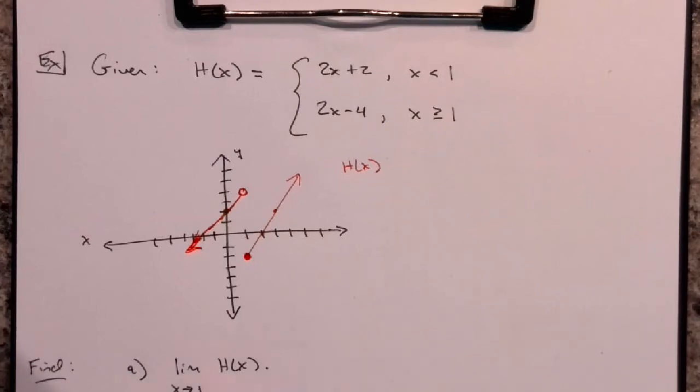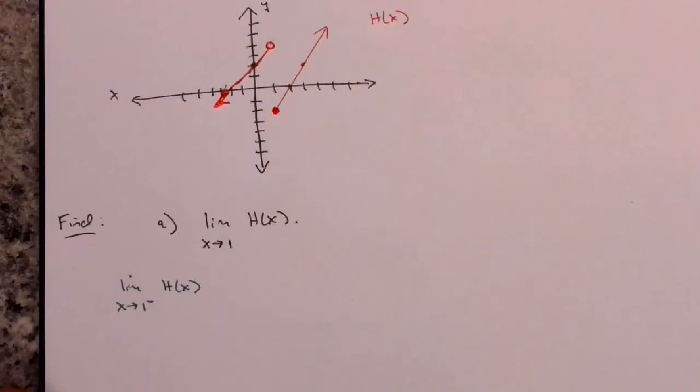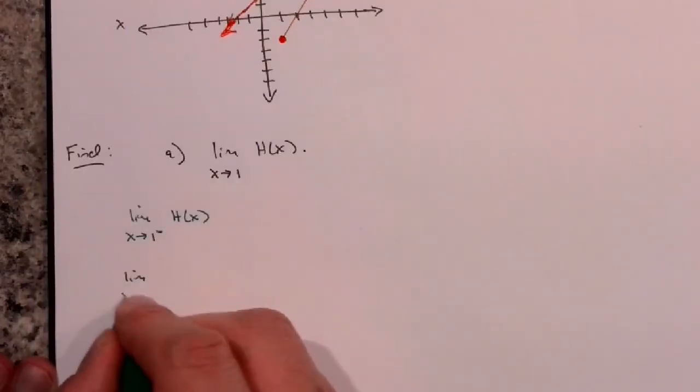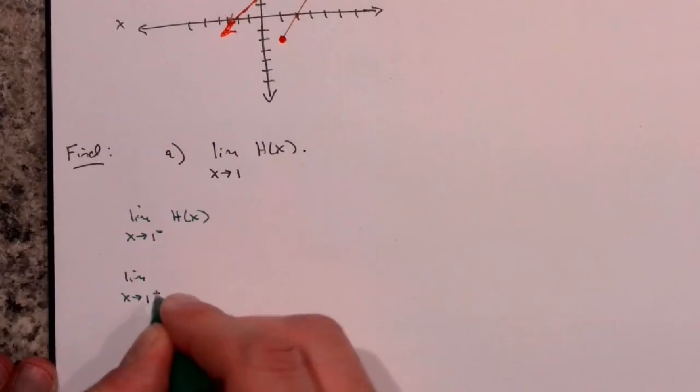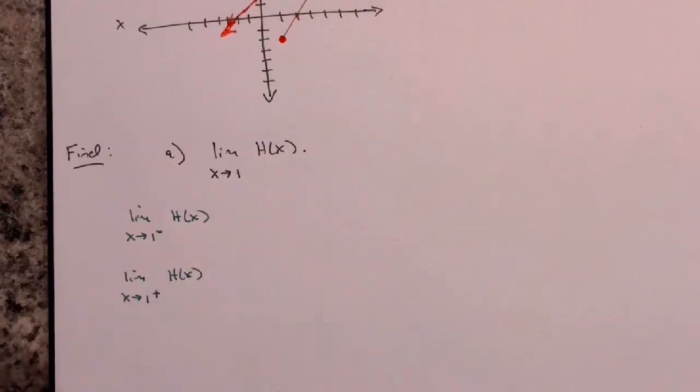I'm looking for the limit as x approaches 1 from the negative side of h of x, and you should be showing this, and I'm looking for the limit as x approaches 1 from the positive side of h of x. So from the left side and from the right side.